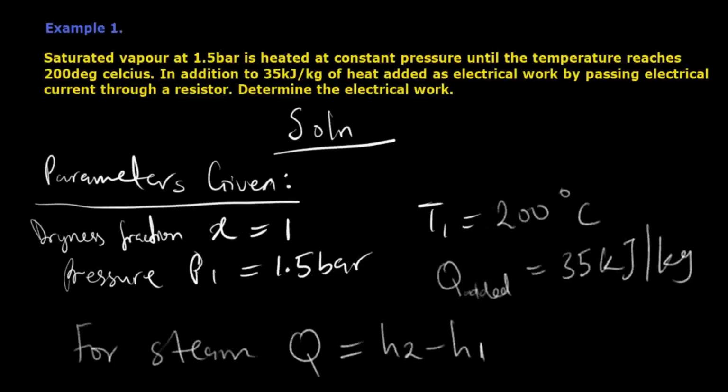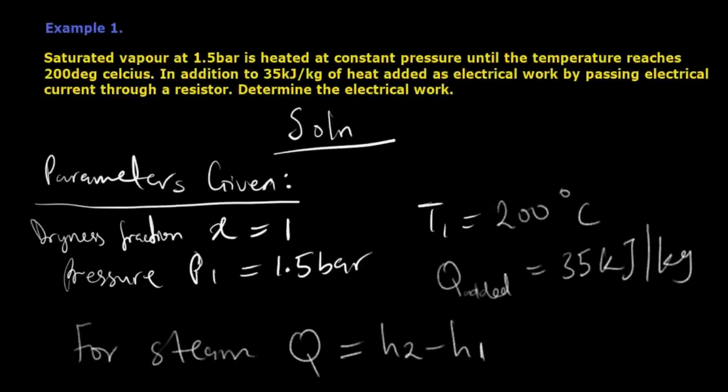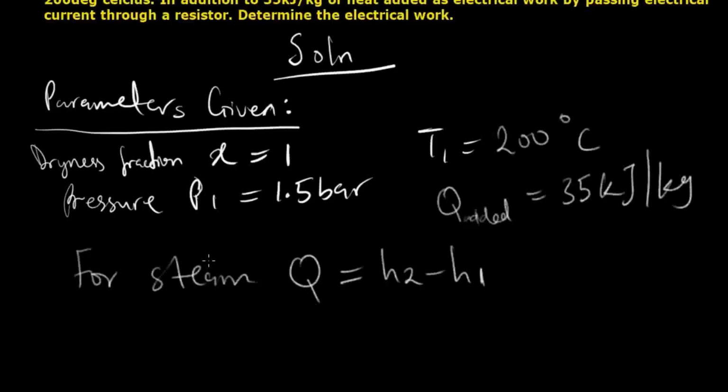From the steam table you look up the pressure 1.5. But before that, remember that this is a constant pressure process. So P1 is equal to P2, which is the same 1.5 bar.